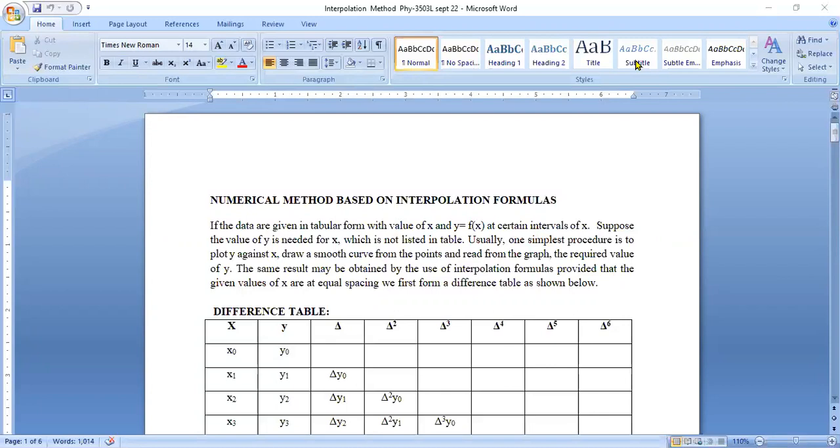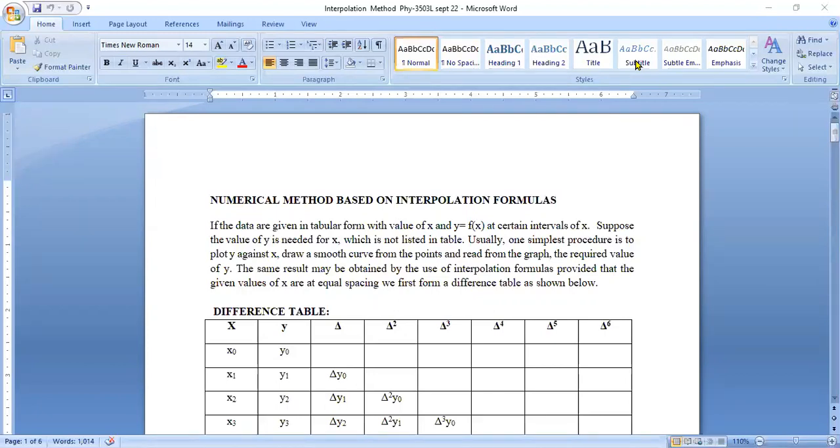Here you have to use Newton's formula for interpolation. There are two formulas proposed by Newton: Newton's forward formula for interpolation and Newton's backward formula for interpolation, which I will explain. What does the term forward indicate, and what does the term backward indicate?